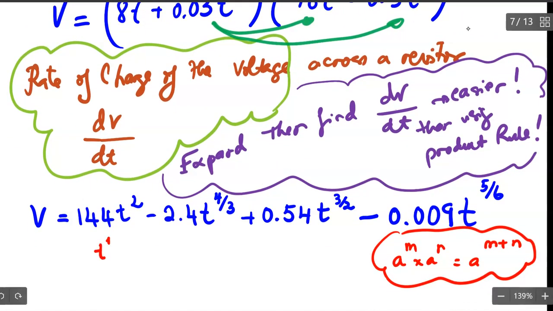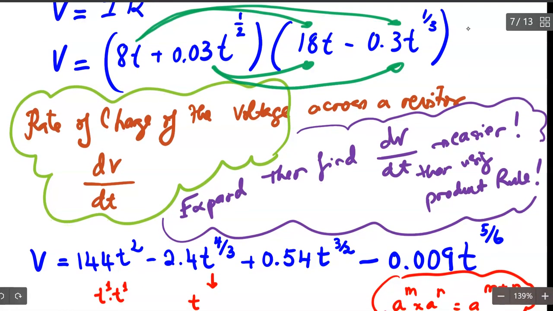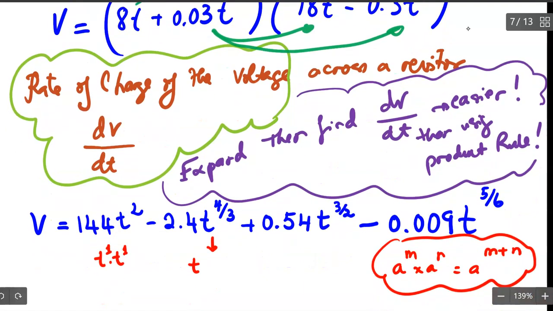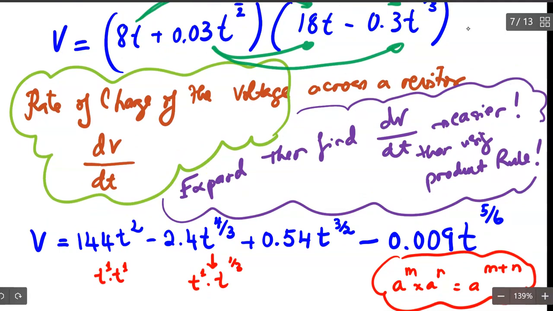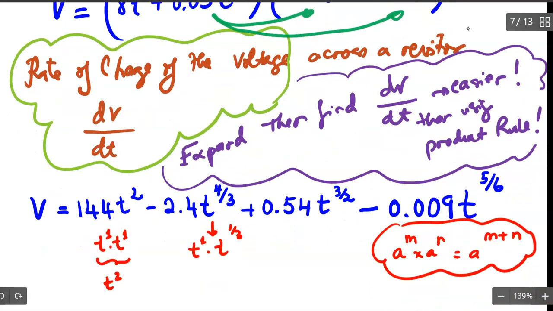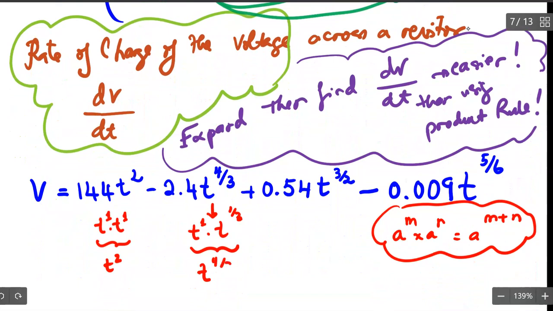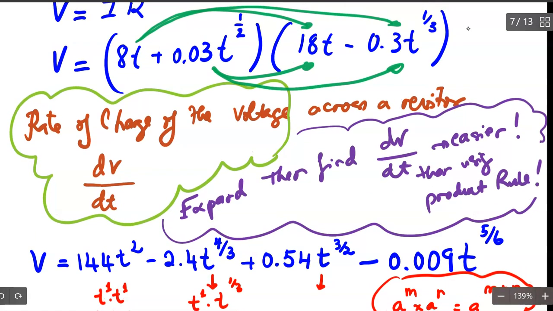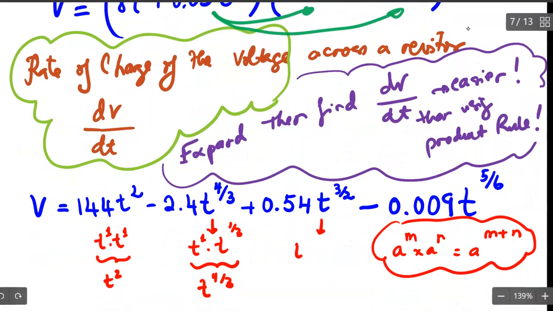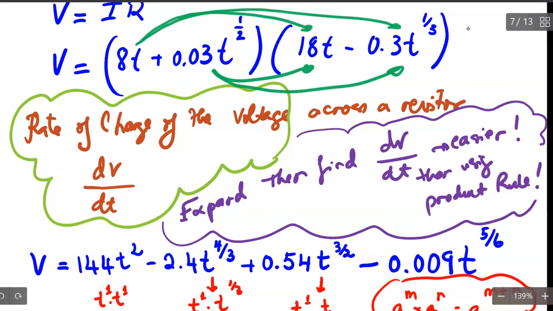Because this is t to the 1 times t to the 1. This one is t to the 4/3, from t to the 1 times t to the 1/3. And this one is t to the a half plus 1.